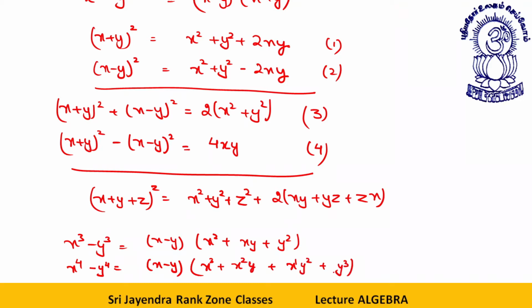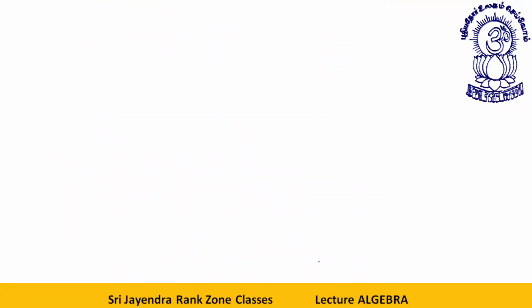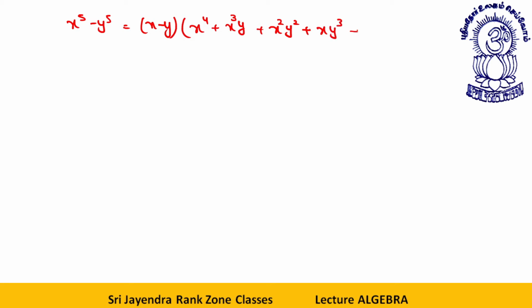This is the logic. If I tell you the formula for any power, suppose this is x to the power 5 minus y raised to power 5, it will be what? X minus y. Then I'll write x4, then x cube y. I will decrease the power of x in every subsequent term and increase the power of y. Finally, it will be y4 only. The main thing is x minus y should be in the beginning.